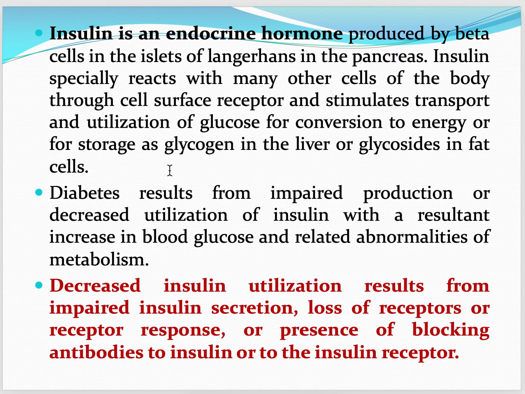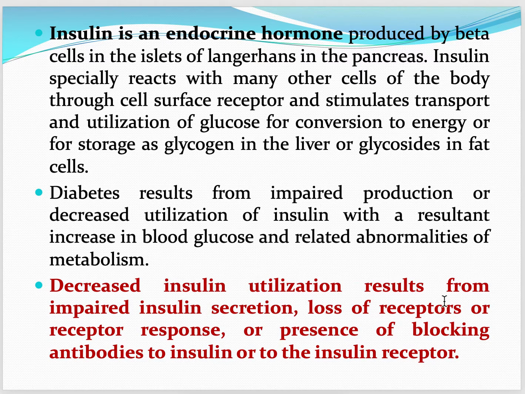In case of diabetes, diabetes can result from impaired production or decreased utilization of insulin, which will result in increase in blood glucose. Because of this increase in blood glucose, some abnormalities of metabolism will occur.